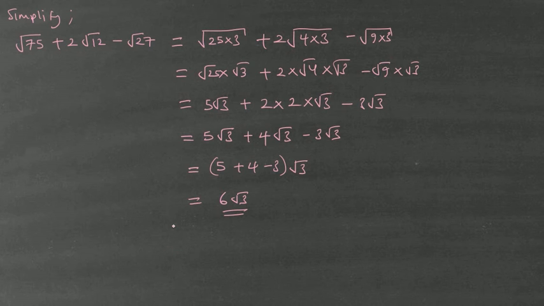Alright, we want to look at what we call rationalization of surds. To rationalize is to remove a surd from the denominator of a fraction.